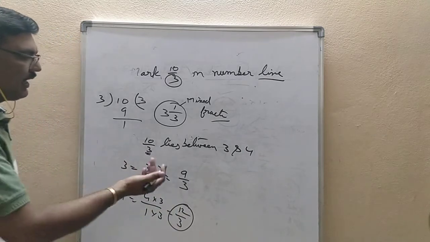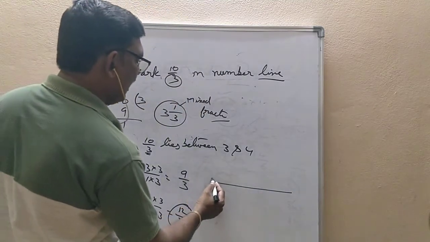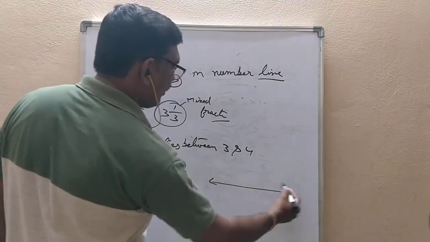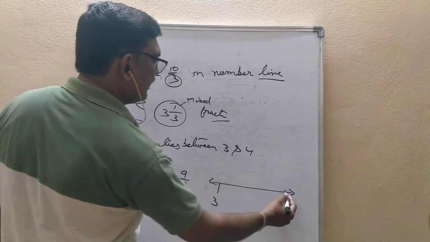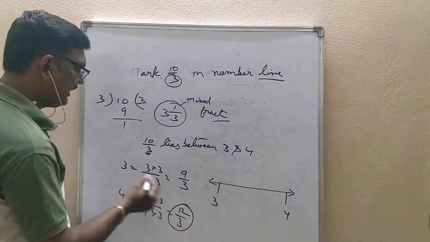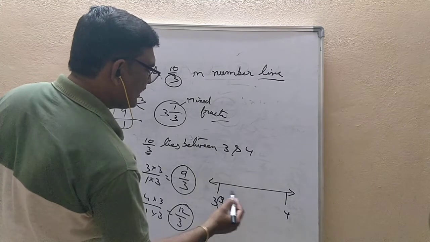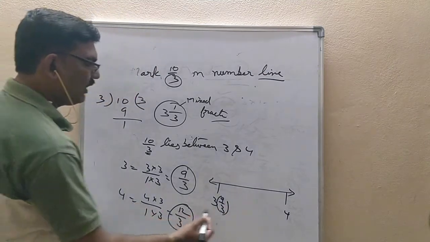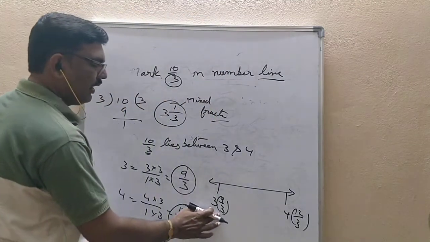Okay. Now I have to write on the number line. I have to draw a number line with pencil. Here I write 3, and here I write 4. 3 is equivalent to 9/3, so 3 and 9/3 are equal. 4 is 12/3. What denominator do you have here? 3.